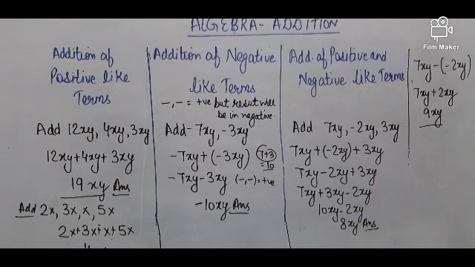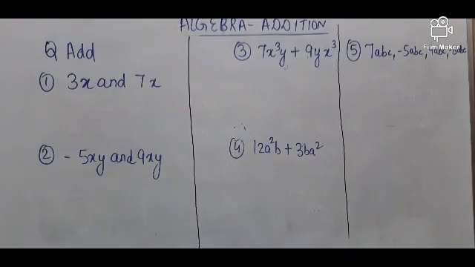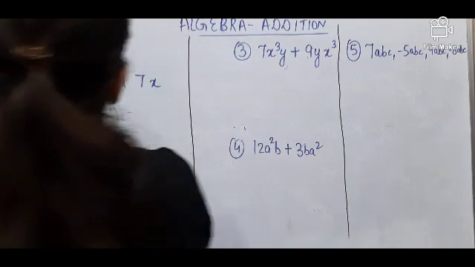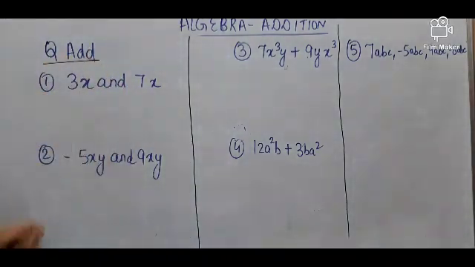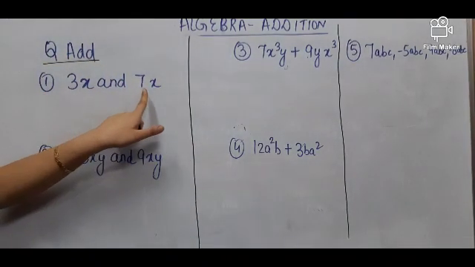So friends, I hope this is clear to you. Let's move to the exercise. In the exercise, we have all types of questions, so let's see one by one. Question number 1 is add 3x and 7x.